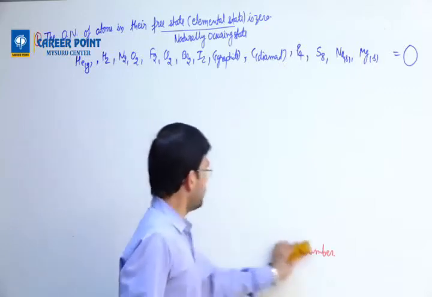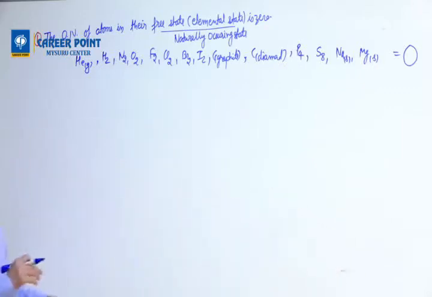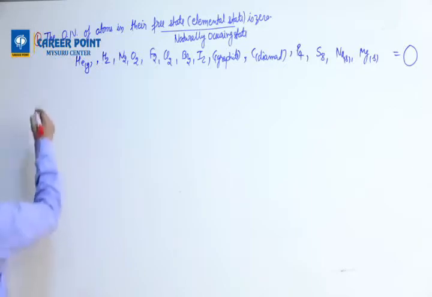So this is the first rule, that it is 0. Then we have the second rule.